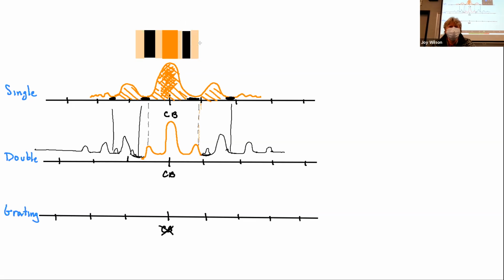Now, what happens with the diffraction grating? A diffraction grating is hundreds of slits. Maybe 100 slits in a millimeter. Maybe 300 slits in a millimeter. Really lots of slits. So what happens is this behavior gets even more extreme. Here's what I mean by that. What you really see, give me line tool, is this.